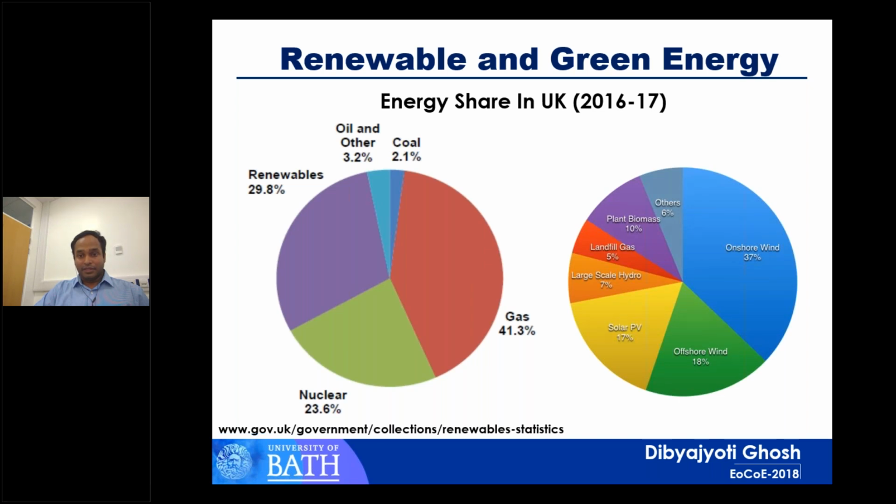If we break down these renewable sources, the major part comes from wind, but still we have 17% coming from solar photovoltaics. So that's encouraging for us to do some research in this particular area, and that motivated us to look into the current scenario of photovoltaics.